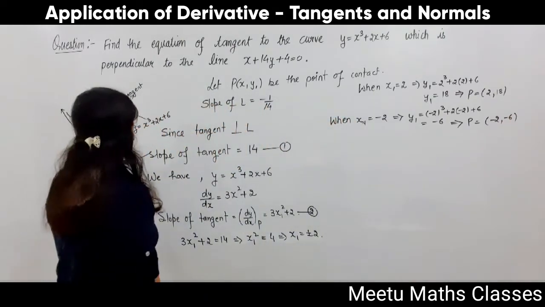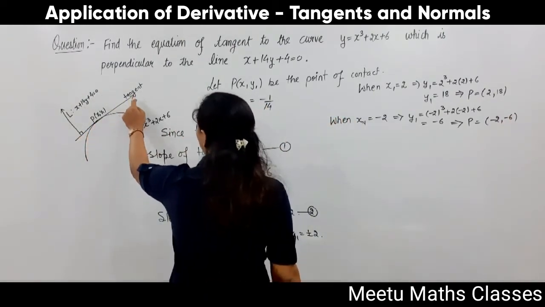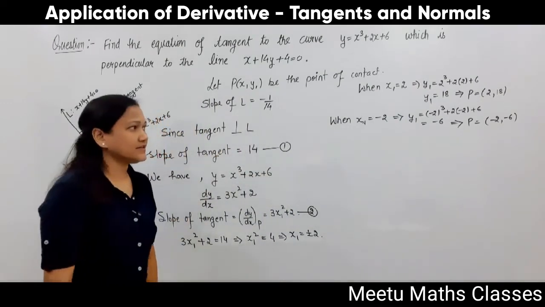Now you know the point P, the point of contact, and you also know the slope of tangent, that is 14.